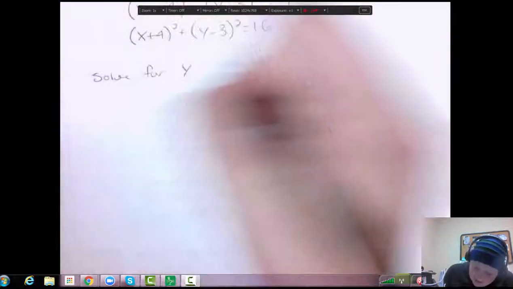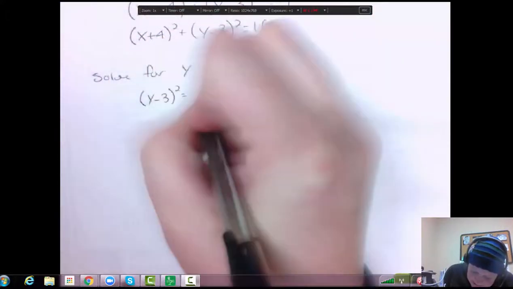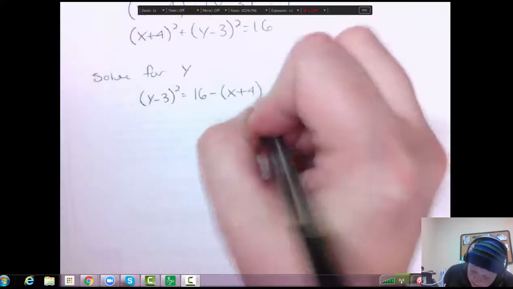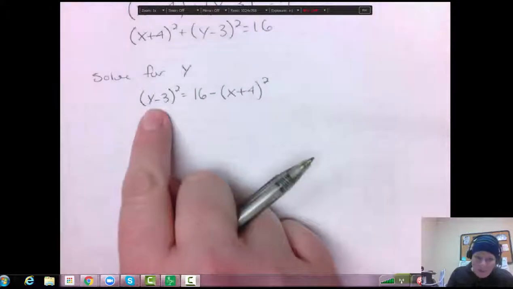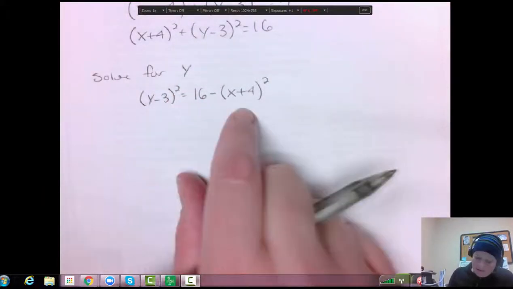So I'd subtract that whole thing over so that I have (y minus 3) squared equals 16 minus (x plus 4) squared. To get rid of a square, we square root both sides.